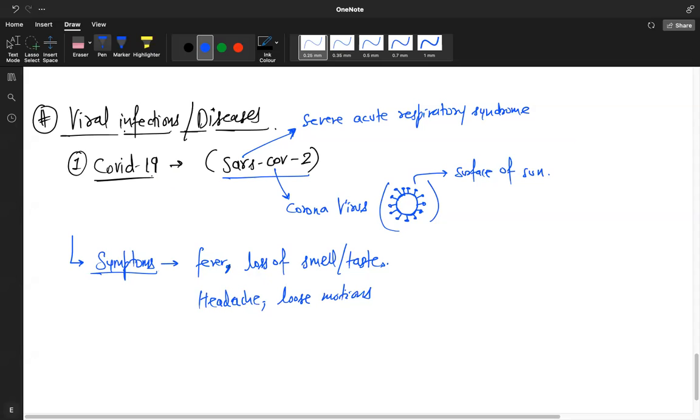So it's seen that these viruses also affect the olfactory epithelium in our nose, and the respiratory tract. They also affect the lining of the throat. So that way you do not get taste and smell. Taste is very closely related to smell.